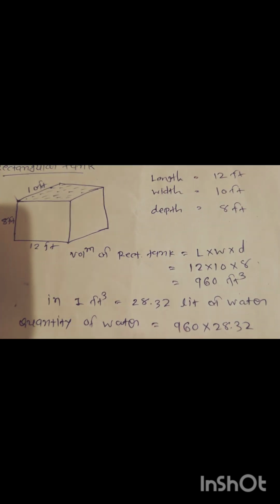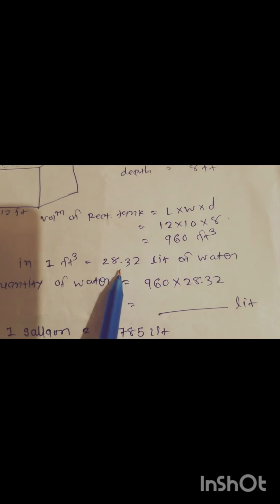As per the Indian standard, in 1 feet cube, the quantity of water stored is 28.32 liter.